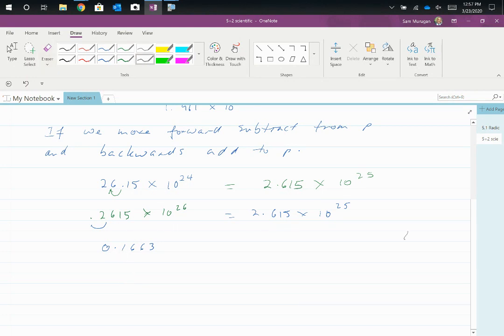Remember that 10 to the power 0 is equal to 1. So this is 0.1663 times 10 to the power 0. And if I move the decimal point one place forward, it becomes 1.663, which is a number between 1 and 10. And I subtract 1 from the power 0, and I get negative 1.